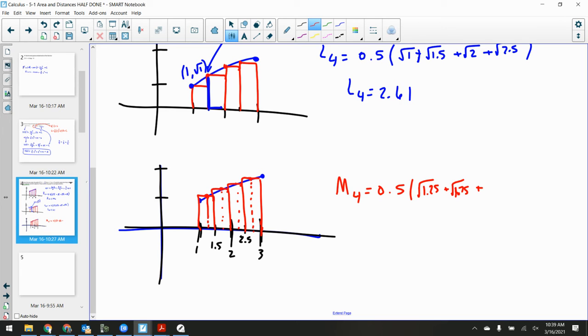Plus halfway between 2 and 2.5, 2.25, plus halfway between 2.5 and 3, 2.75. Sorry for my poor handwriting. Okay, and then we would just plug that in. Does that make sense? That's how we would do middle approximation if I asked you to do that.